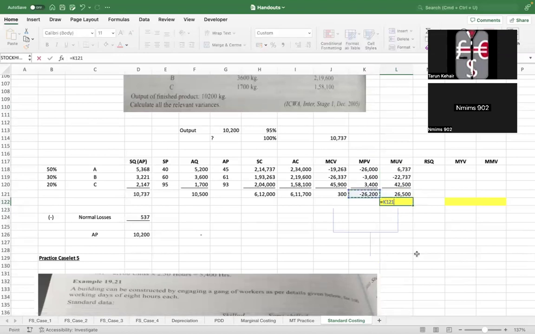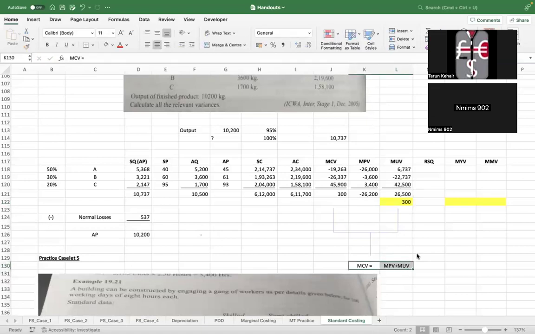Price variance plus usage variance, you will get 300. Which means that we have established that our material cost variance is equal to material price variance plus material usage variance. This is established. Right? Minus 26,200 plus 26,500 is positive 300, which is nothing but your material cost variance.